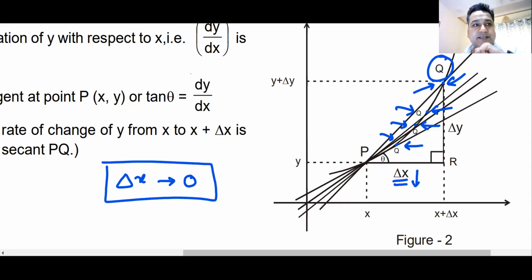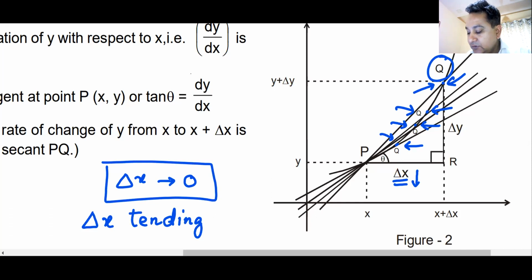Now this delta x arrow 0 in maths means delta x tending towards 0. This is the maths term. Delta x tending towards 0.